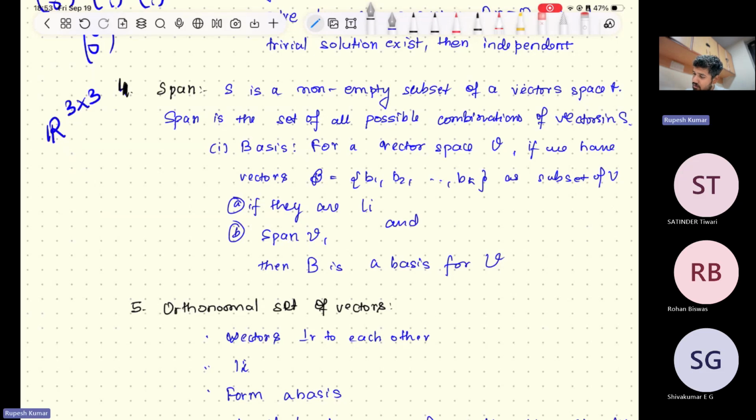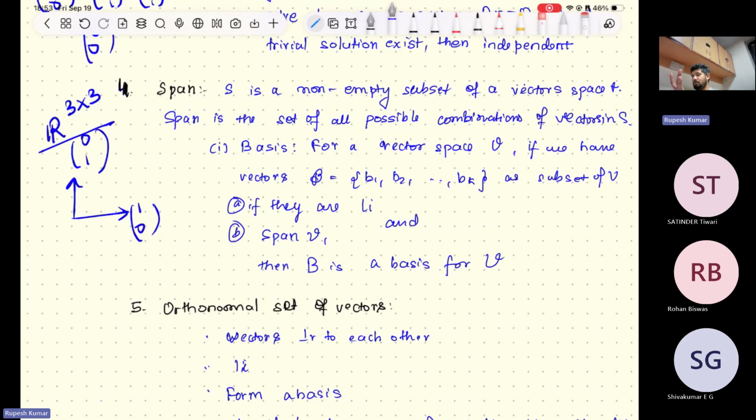Now in this vector space, you choose two vectors. Let's say I'm choosing, for my convenience, the x-axis and the y-axis, so the two vectors 1, 0 and 0, 1. Now the definition of span S is that it has to be non-empty first of all, and second a subset of a vector space.